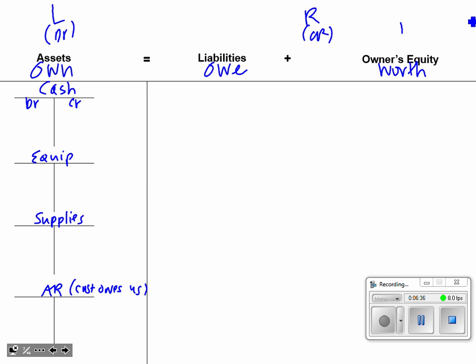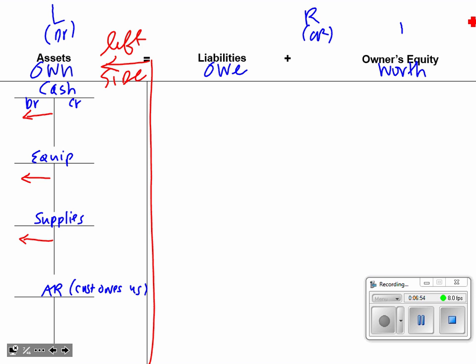Because assets, and you guys have this highlighted, I don't, because assets are on the left side of the giant T, their left sides, or their debit sides, you need to know 2 things.